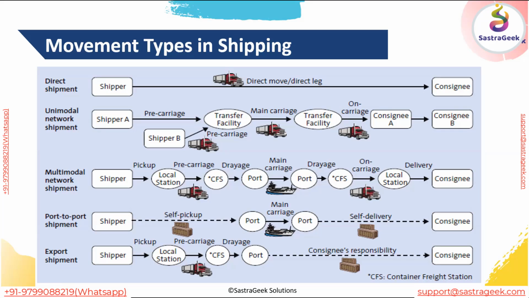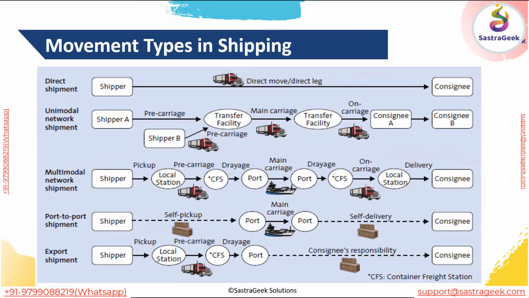It is called pickup. Stage 1 is called pickup. Stage 2 is called pre-carriage. In my practical experience, I've very rarely seen a pre-carriage movement, but pickup is the one I've seen regularly.